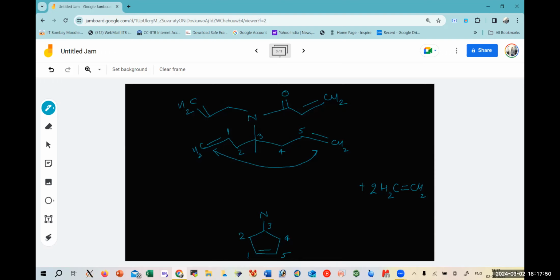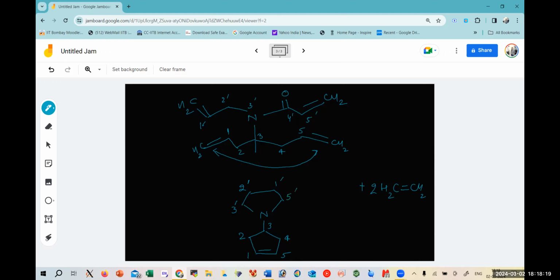Similarly, if I mark here, it would be your 1 dash, 2 dash, 3 dash, 4 dash, 5 dash. So above also we will be having a 5-membered ring. So now how nitrogen is connected to your 3 dash, 2 dash, 1 dash. 1 dash is connected with 5 because these two will go and connect with each other.